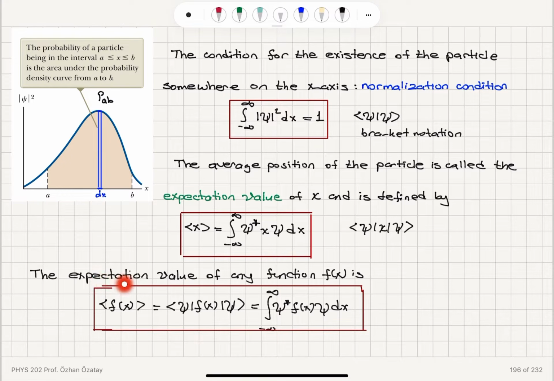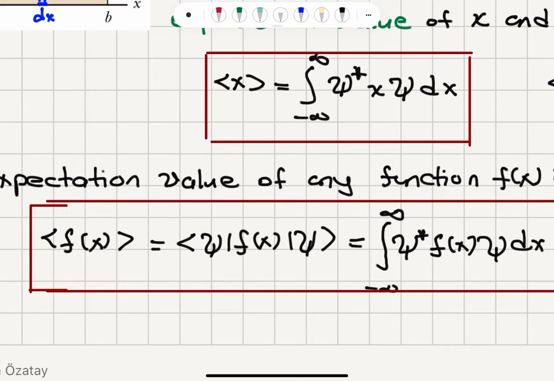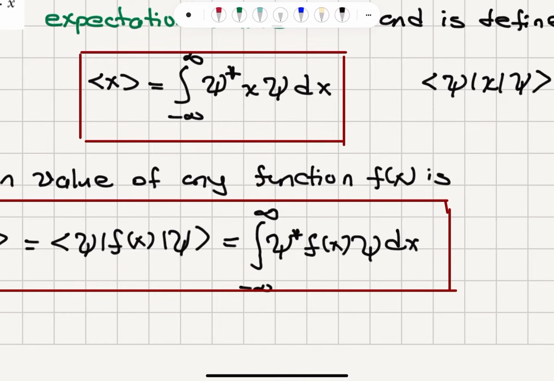The expectation value of any function of x would then be the average value of f of x, using these angular brackets. Using the bra-ket notation, this is basically bra psi, f of x, ket psi, which is the integral over all space of the complex conjugate of the wave function, f of x, the wave function itself, dx.